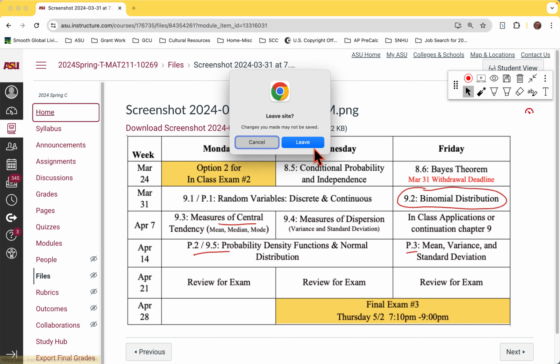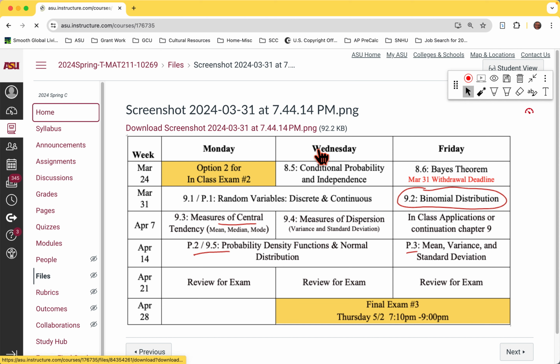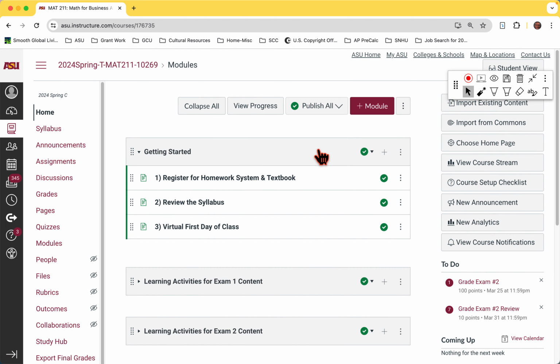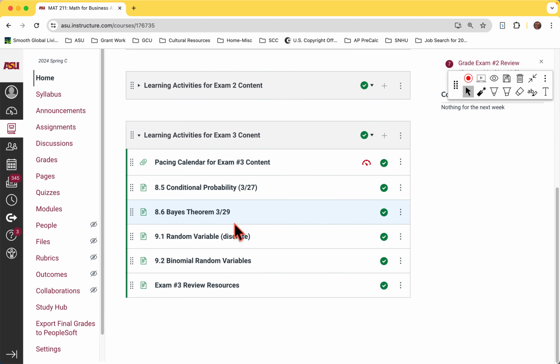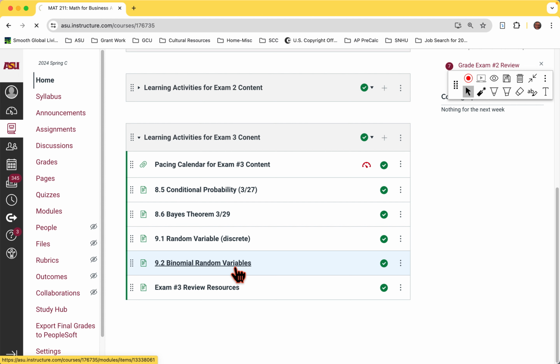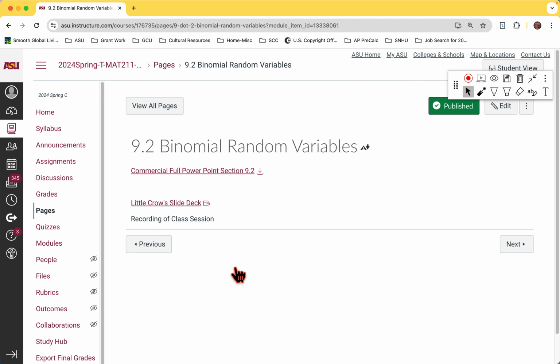And the good news, at least I think it's good news, today's content is really nothing new. We've done all this stuff. We're putting together things we've already done and packaging them together to come up with binomial random variables. So we've talked about random variables. Remember when I introduced random variables, I said it was really nothing new.